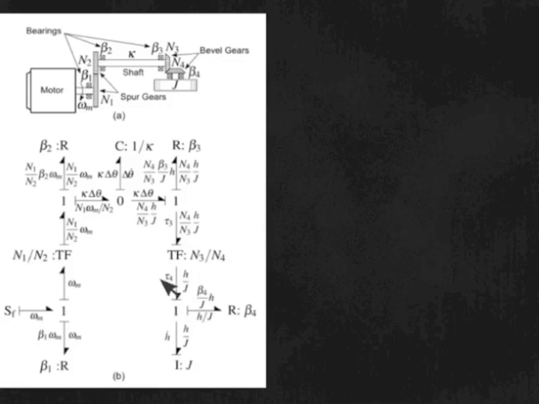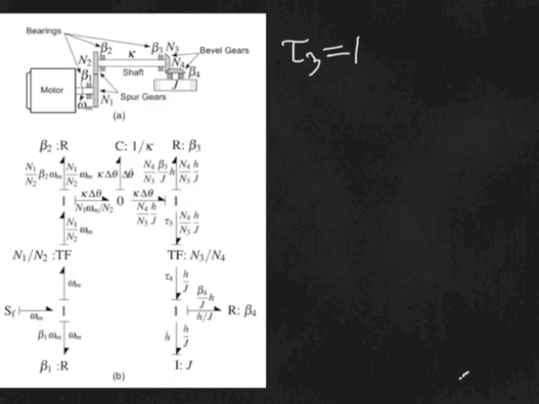Torque 4 we can relate to torque 3 through the gear ratio n3 over n4. And torque 3 we can find by summing moments at this one junction. So we'll begin by solving for torque 3. Torque 3 is equal to the summation of moments.